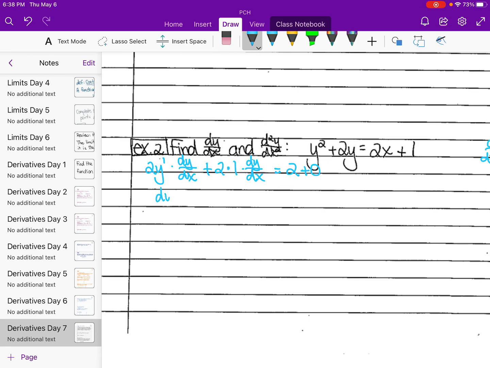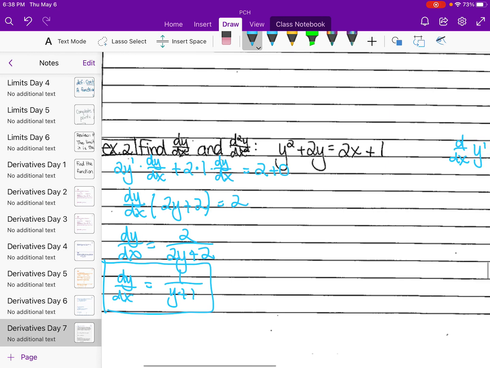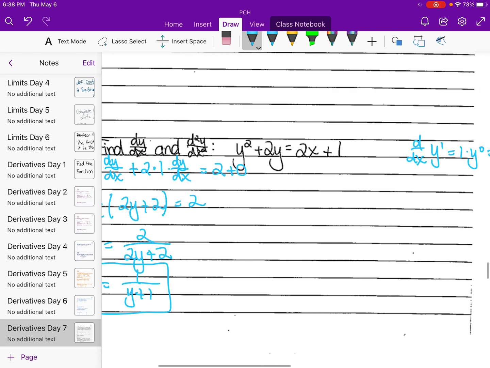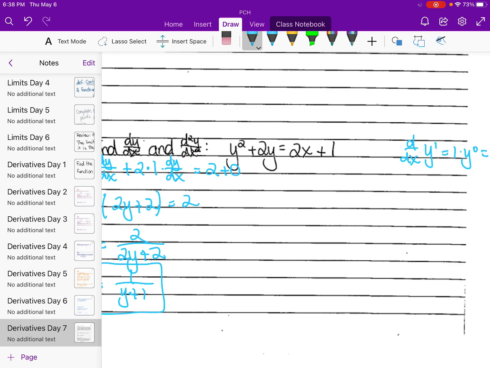So the first derivative, I think this is pretty straightforward, so I'm not talking it through. Don't make the y plus 1 magically bump up to the top when you cancel out your 2's, okay? All right, and then the second derivative, let me rewrite.